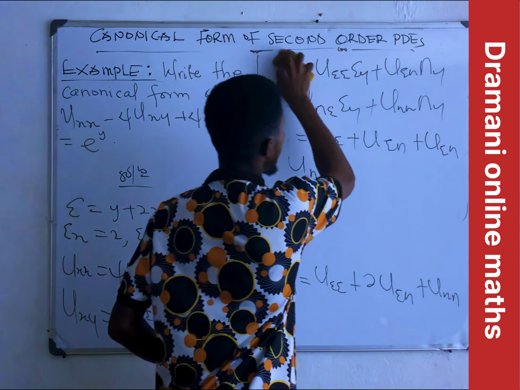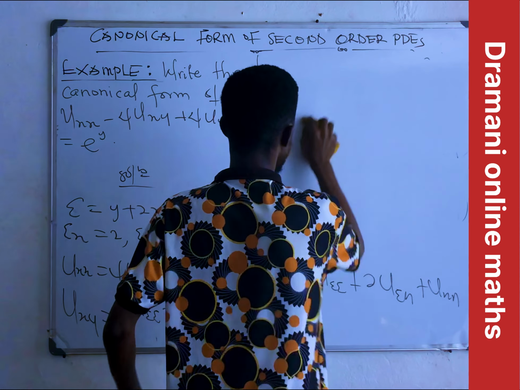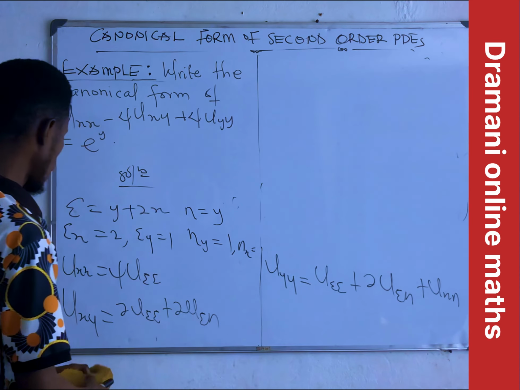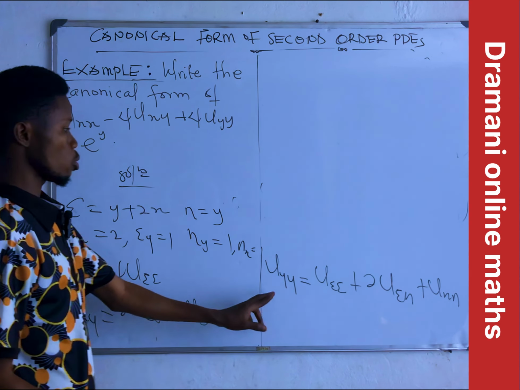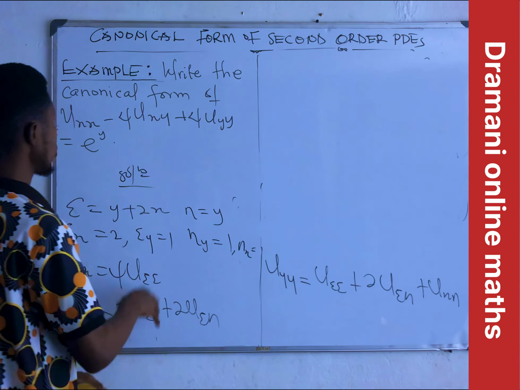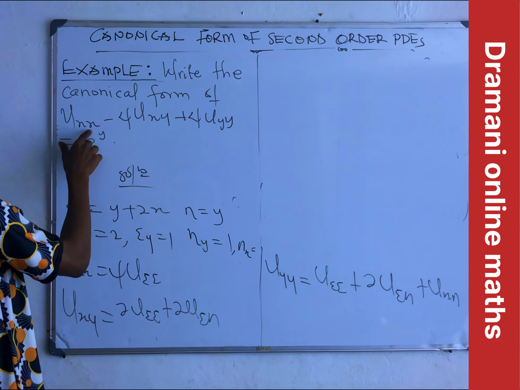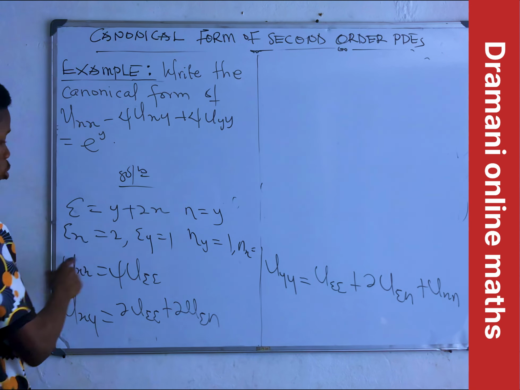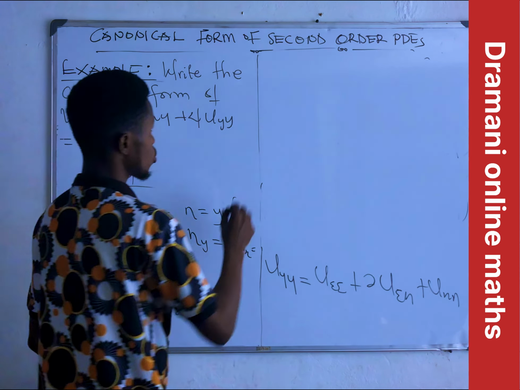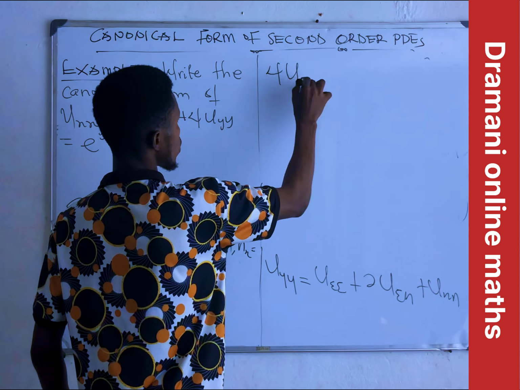Let me clean this sign. So now I have my uxx, my uxy, then uyy. So I'm going to substitute everything here. Uxx has no coefficient. The coefficient there is 1. So 1 times this will give us the same thing. So this gives us 4 u xi.